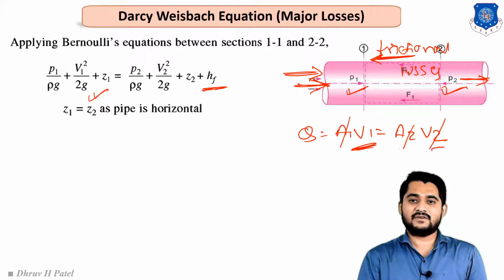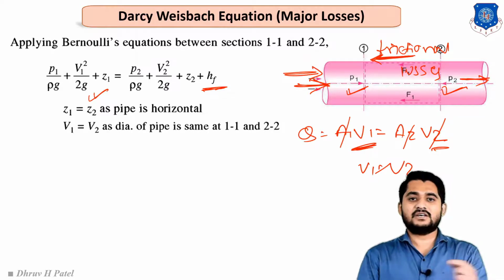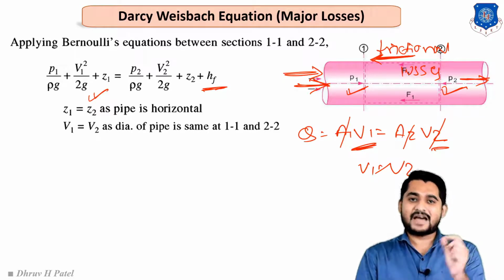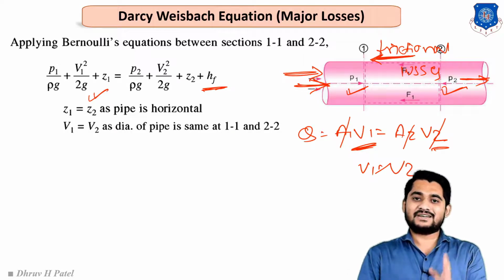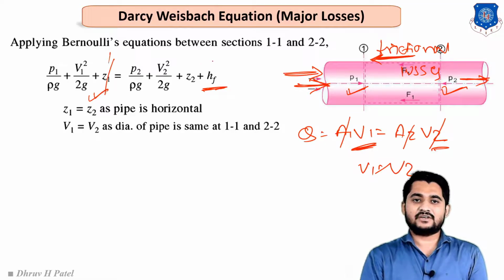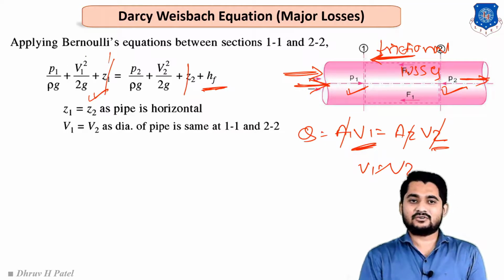So we can write V1 is equal to V2, because diameter is uniform. So area is also uniform. So we can cancel out A1 and A2. So remember V1 is equal to V2, that is diameter of the pipe is same in the both cross section. So we can remove Z1 and Z2 from this equation and also V1 and V2 is same. So we can also remove.